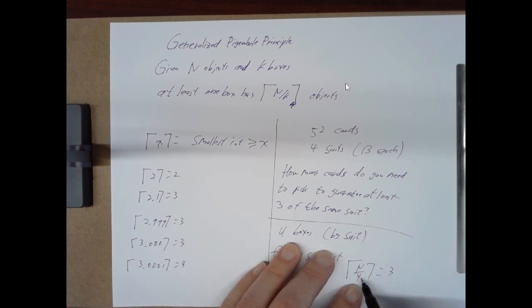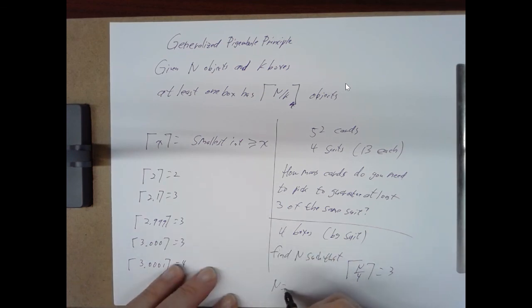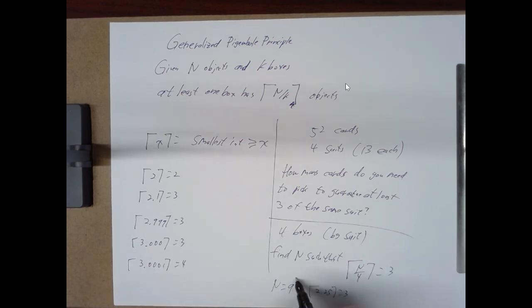But if n is anything bigger than 8, for example, if n equals 9, this will be the ceiling of 2.25, which is 3. So if you pick 9 cards, you're guaranteed to have at least one suit that appears 3 times.